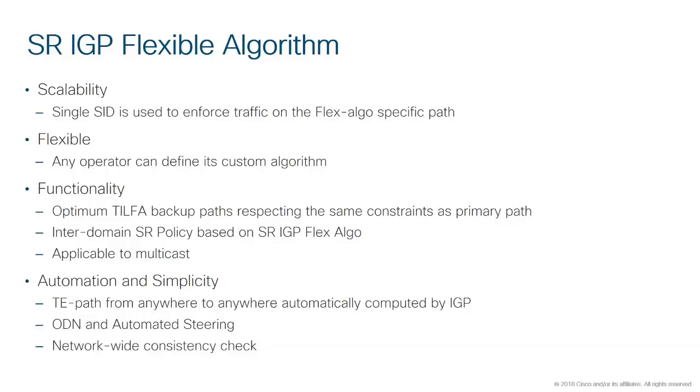So you are completely in control. You can do what you want. The added functionality is that TI-LFA is preserved, but it's per algorithm. So it keeps all the benefits of TI-LFA plus the respect of the constraints of your algorithm. It applies with interdomain policies, and it applies to multicast.